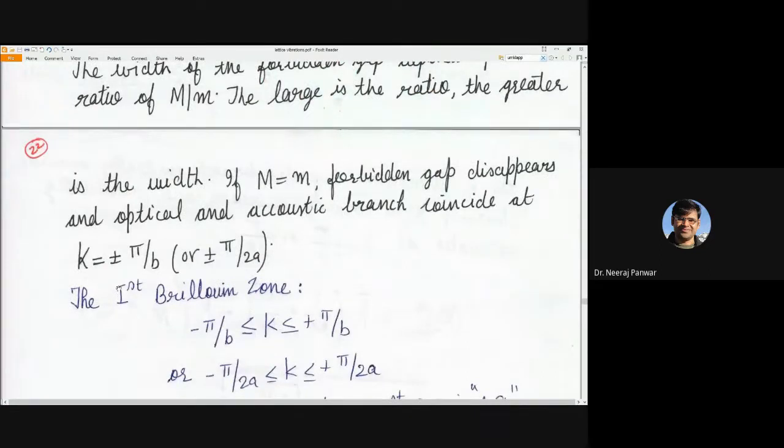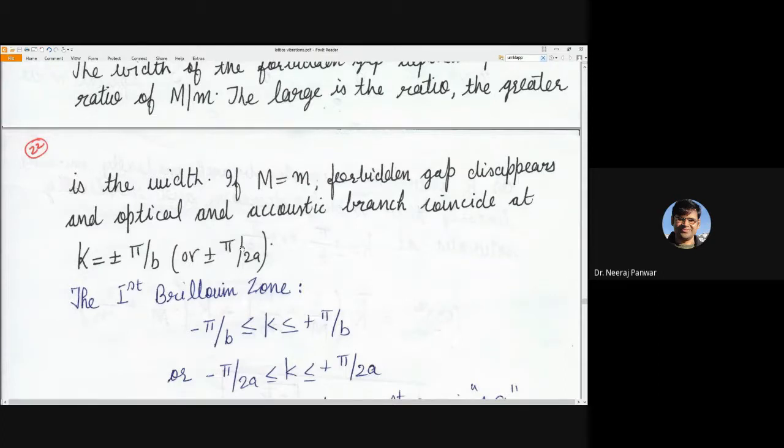You can also notice one thing: if you consider the one-dimensional monoatomic chain, the zone boundary is from minus pi by a to plus pi by a, but in the case of the diatomic chain, the zone boundary is from minus pi by 2a to plus pi by 2a.